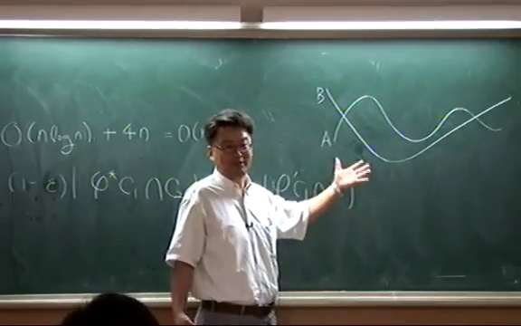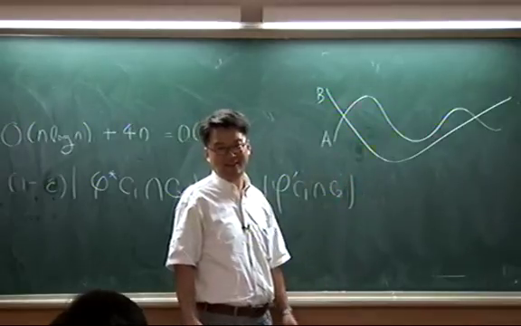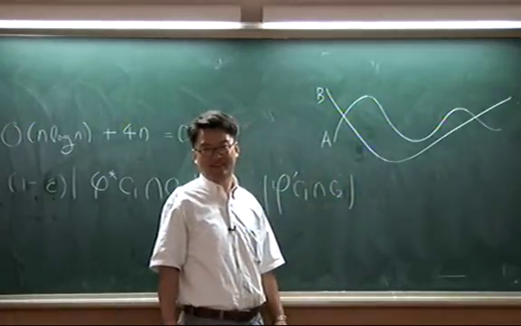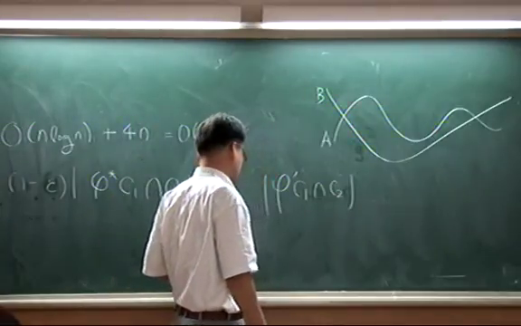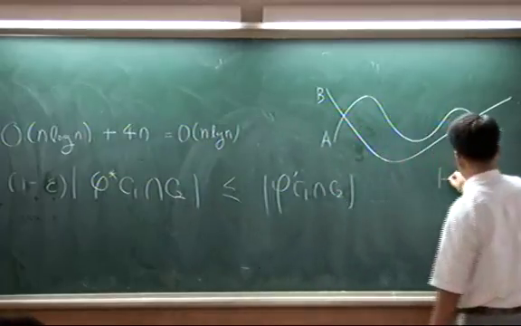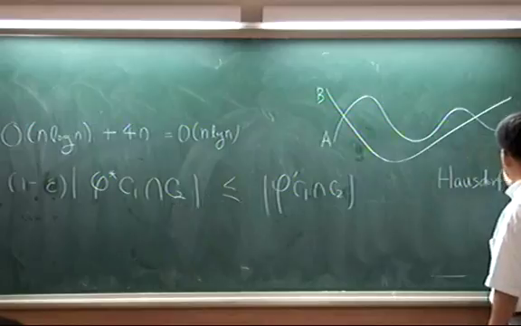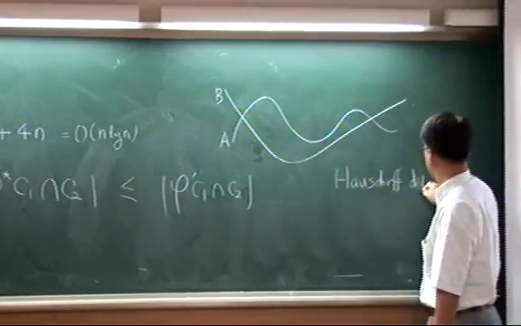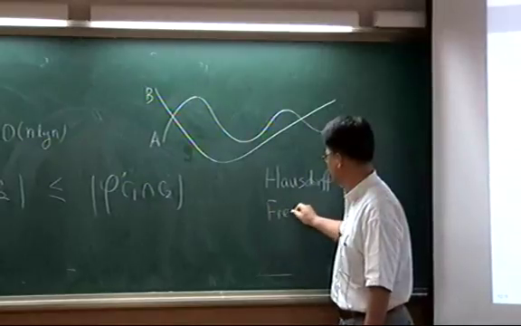What would be the distance? There are two famous measures. One is called Hausdorff distance measure, and the other one is called Frechet distance measure.